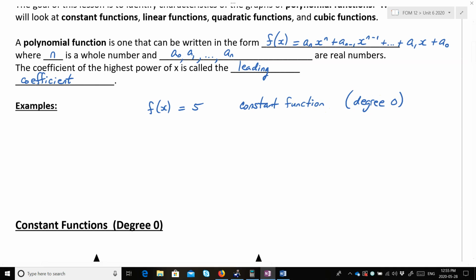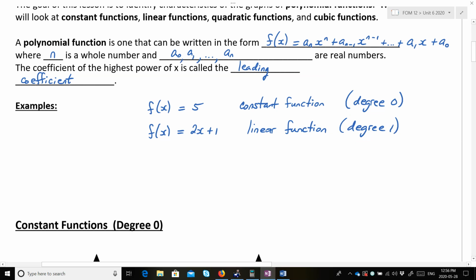And the degree is the highest power of x. Another example would be like f of x equals 2x plus 1. This is called a linear function because its graph is a straight line. It is of degree 1 because the highest power of x is x to the 1.